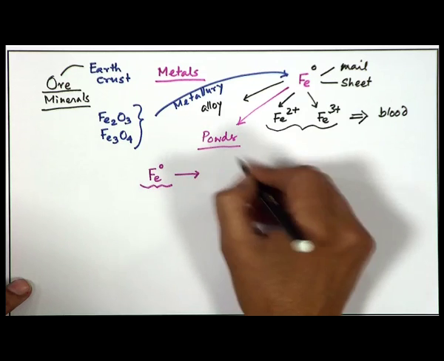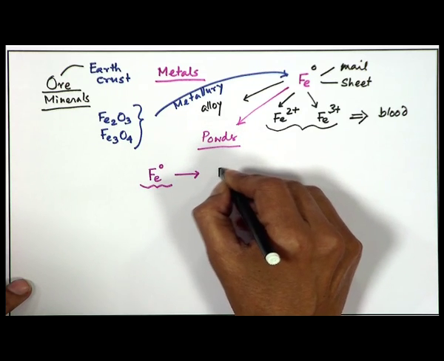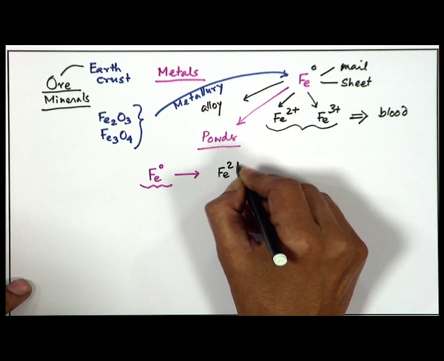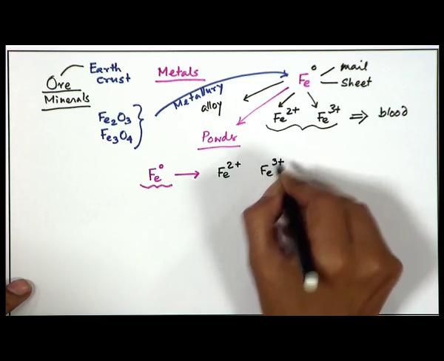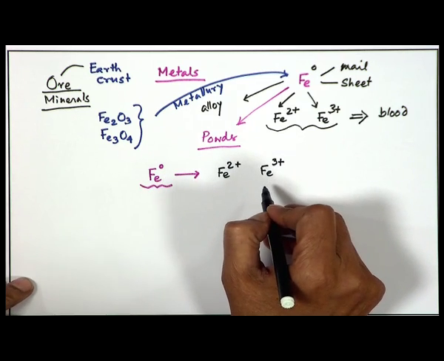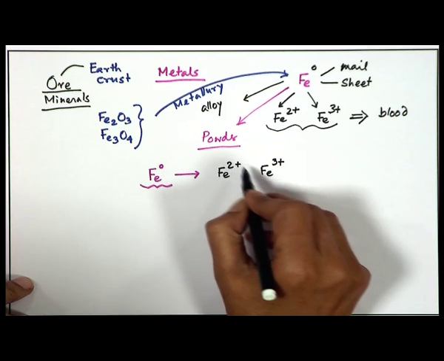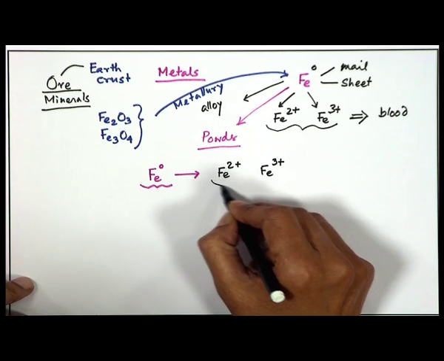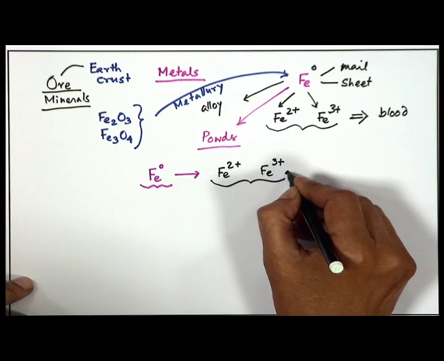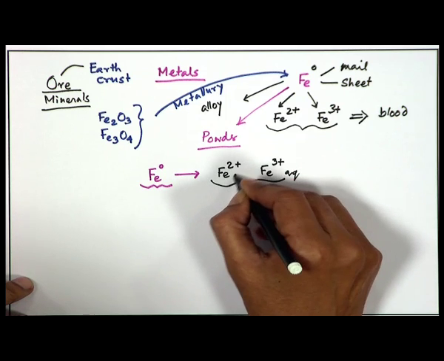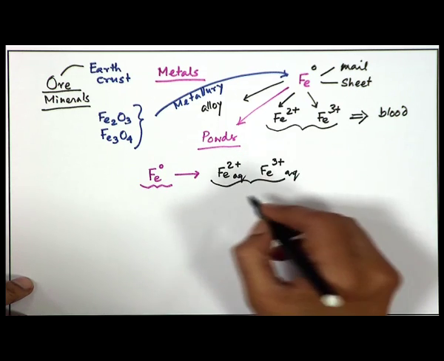But when we move from there to Fe2 plus or Fe3 plus, this is a typical electron transfer process, the oxidation process, producing species in aqueous solution.